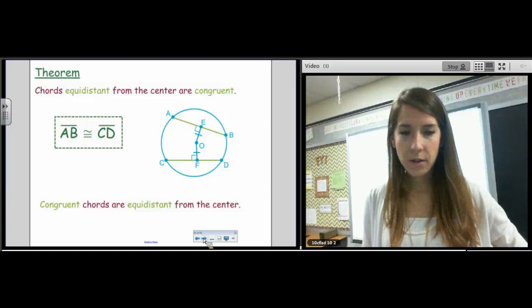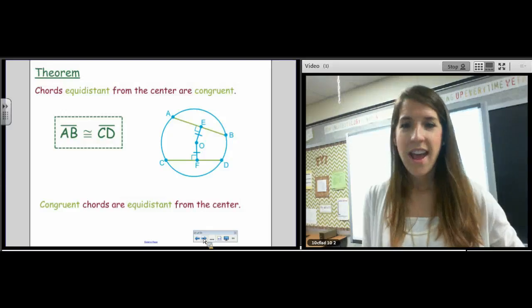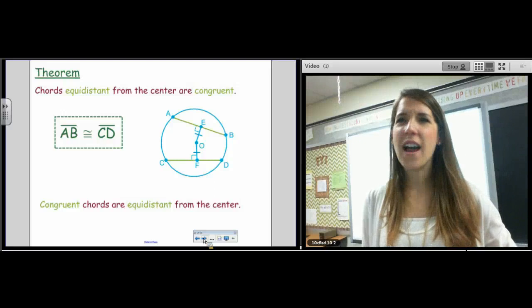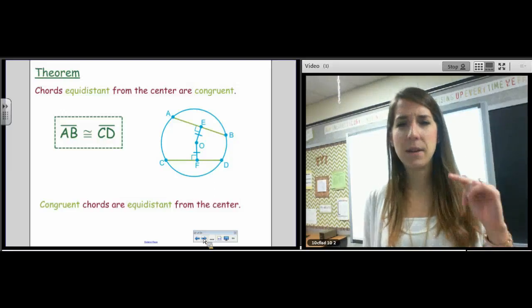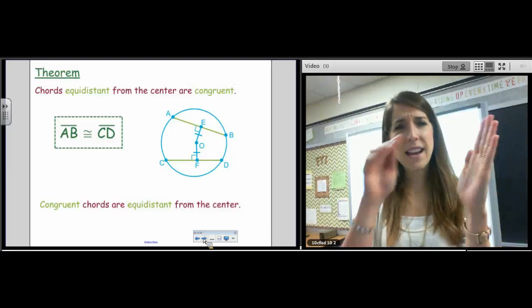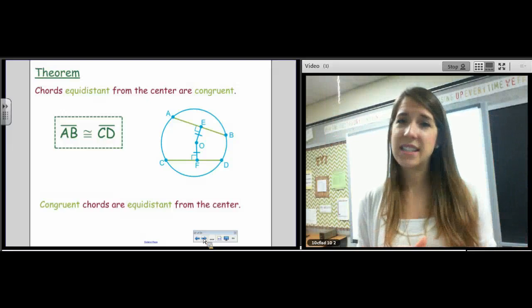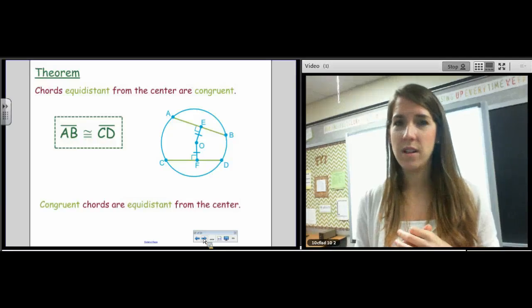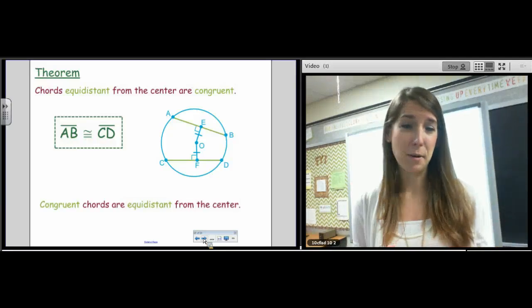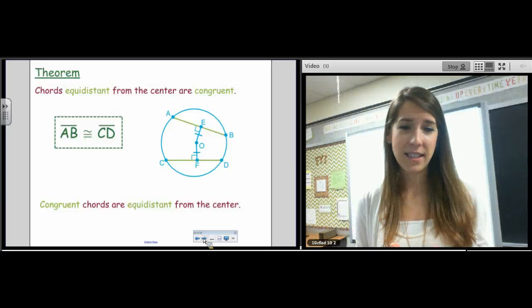Would that mean that they are also the same distance from the edge of the circle? It's hard to define the distance between a segment and an arc. That's not as easily definable because you can't really be perpendicular to an arc. Does that make sense, Carson?